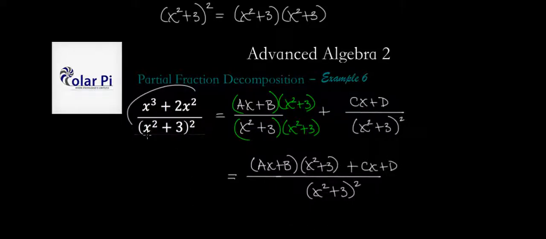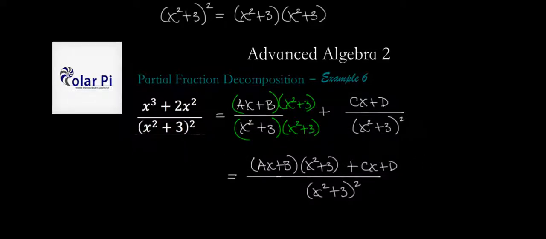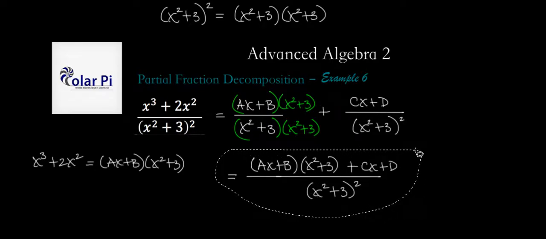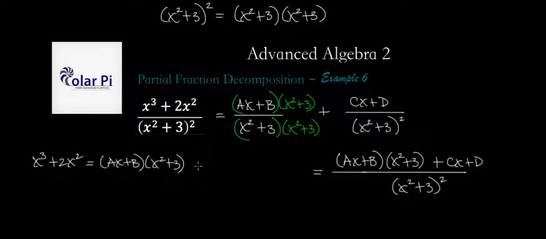Since the denominators are already equal, we need x cubed plus 2x squared, the numerator here, to equal ax plus b times x squared plus 3, plus cx plus d.